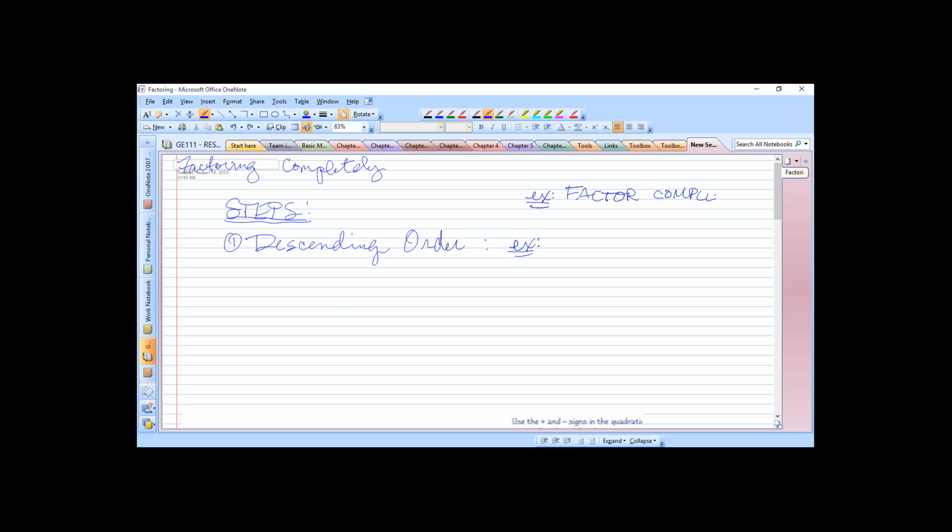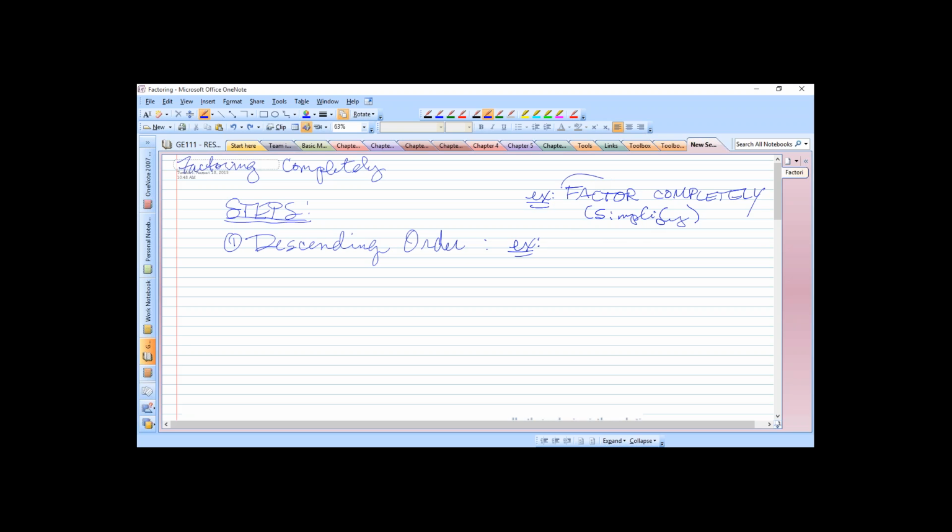Because if you factor it completely, it is completely simplified as well. And you might see simplify in your directions. These two directions are basically the same thing.